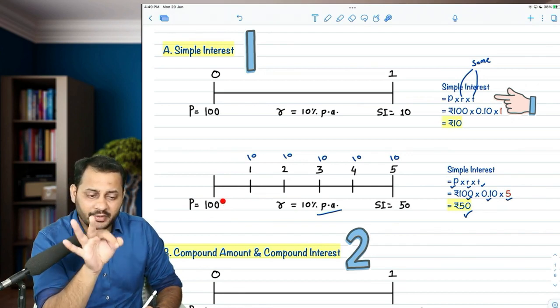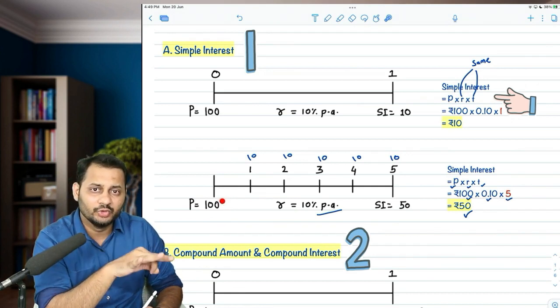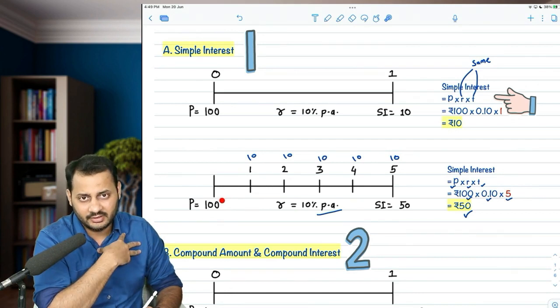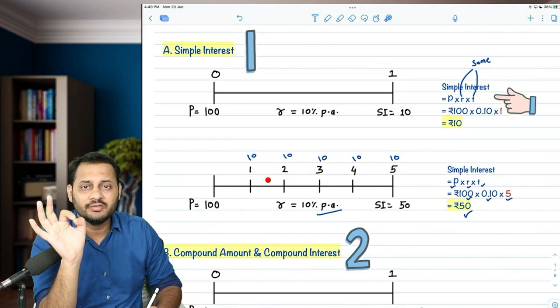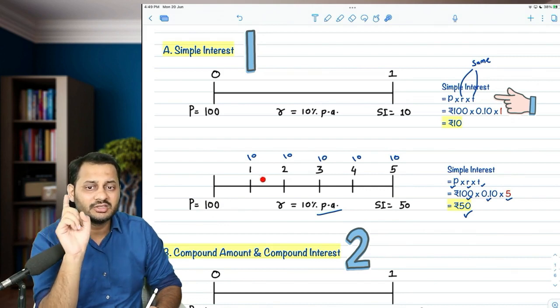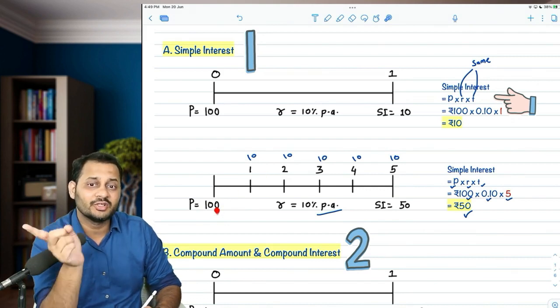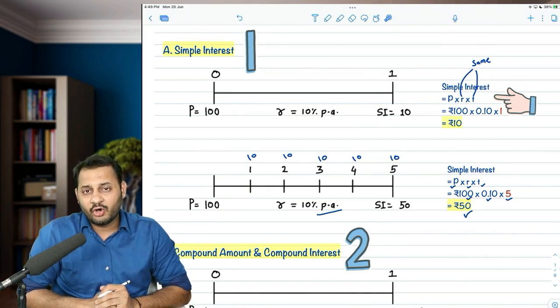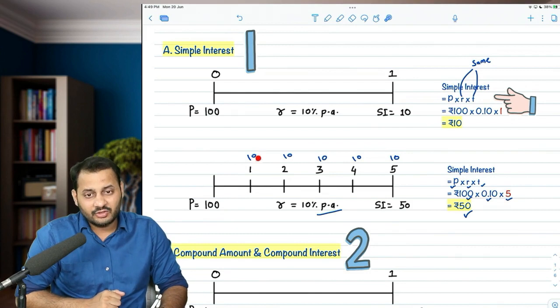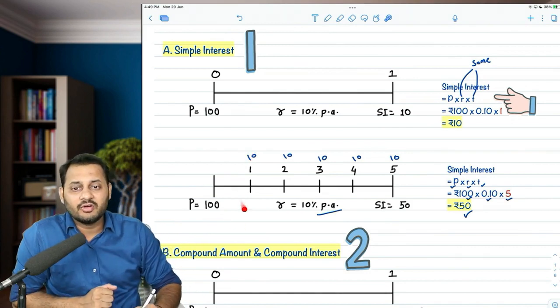Interest is to be paid on the amount of money used by the bank of the investors. In the second year, the amount of money used by the bank was not just 100 rupees, it was 110 rupees. So the bank should pay interest on interest, and that concept is called compounding.